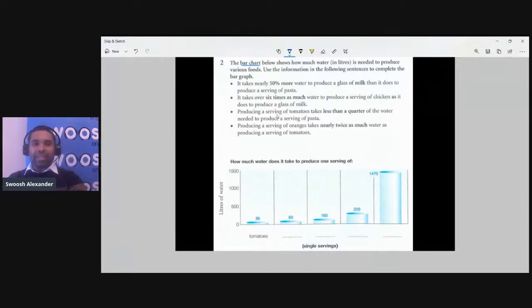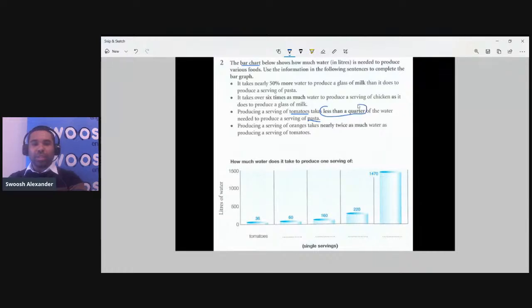And here it says producing a serving of tomatoes. Okay, great. We've got tomatoes. We know what the value of tomatoes is. It takes less than a quarter of the water needed to produce a serving of pasta. Okay, so it takes less than a quarter. That's our key phrase.